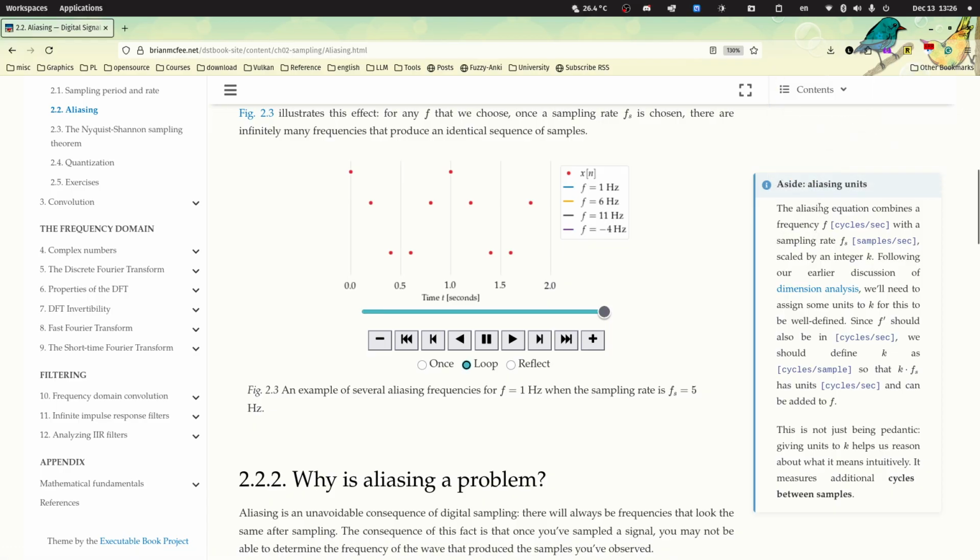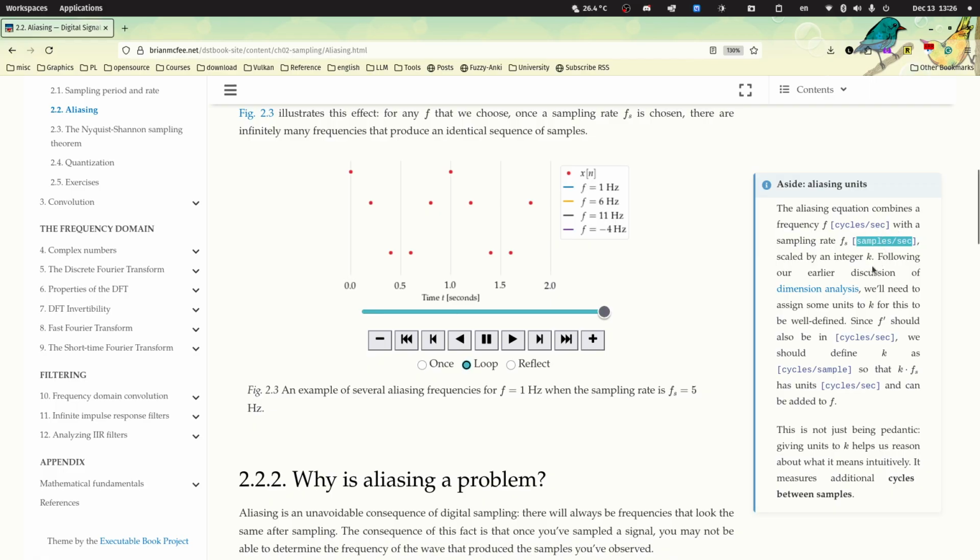I guess they use these very detailed units because then we can talk about this. The aliasing equation combines the frequency, which is cycles per second, with the sampling rate, which is samples per second, scaled by some integer k.